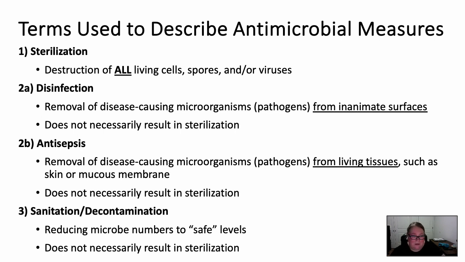We haven't gotten rid of everything, but it's clean. We really want our dishes to be sanitized, right? We don't want any microbes that can cause disease on our plates and bowls, on our silverware. Just like disinfection and antisepsis, sanitation does not necessarily result in sterilization. So I would know these terms. You will be tested on these.